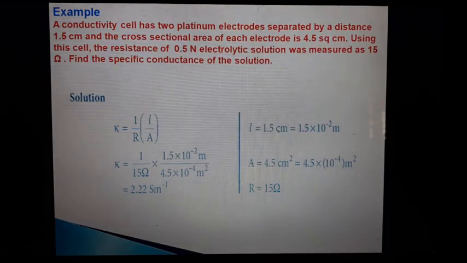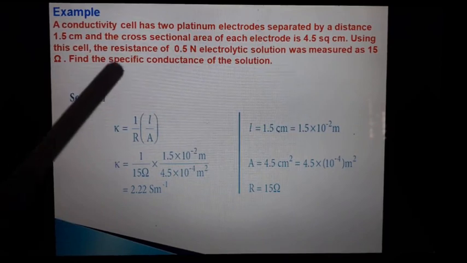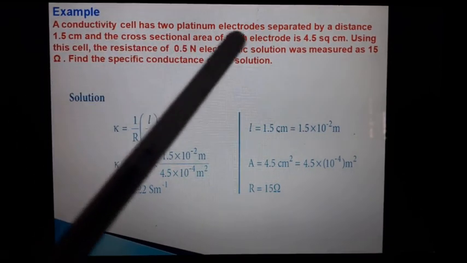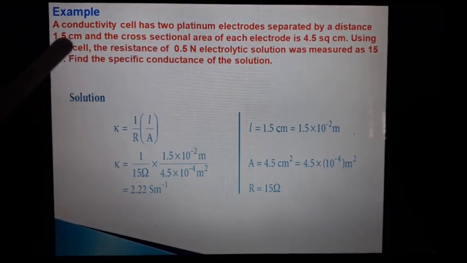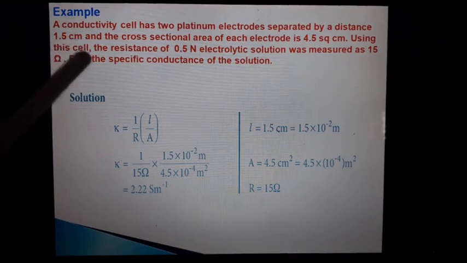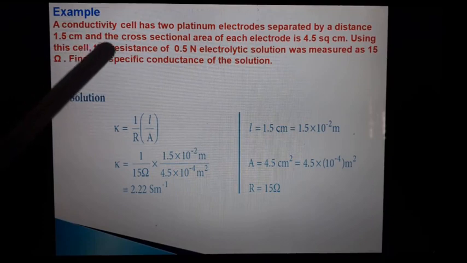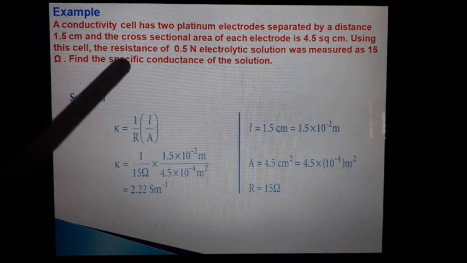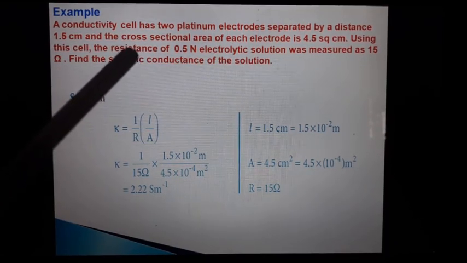Okay. Next, example problem. I will explain the solution to you. A conductivity cell has two platinum electrodes, positive and negative, separated by a distance of 1.5 centimeter, and the cross-sectional area of the electrodes is 4.5 square centimeter.